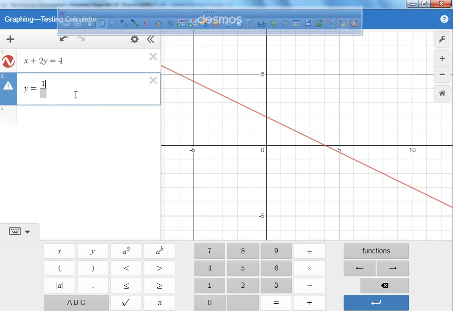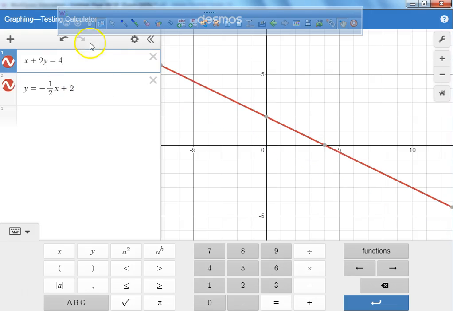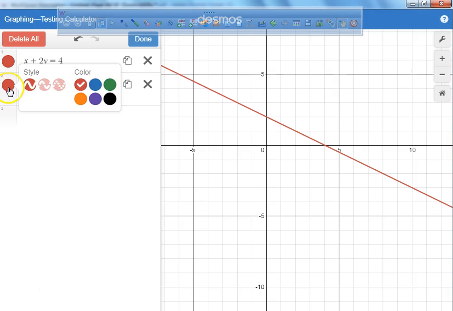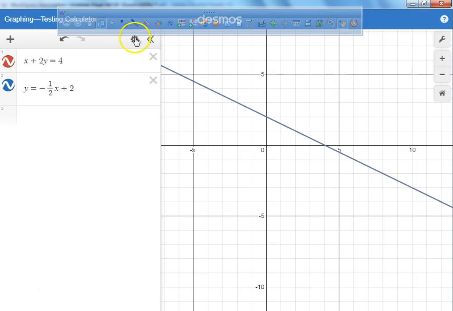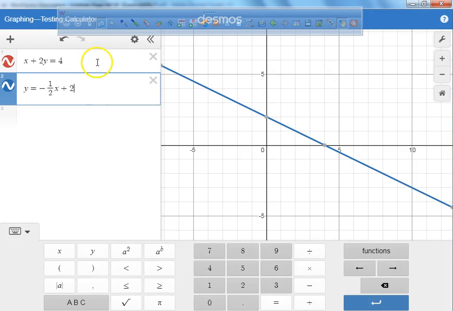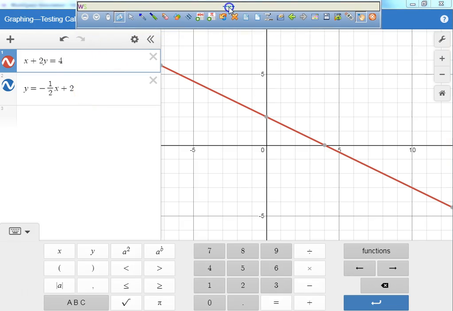Y equals negative 1 divided by 2, x plus 2. What do you guys see about these two forms? They're different forms, but they graph the same line. What do we call this form? Standard form. What do we call this form? Slope-intercept form.